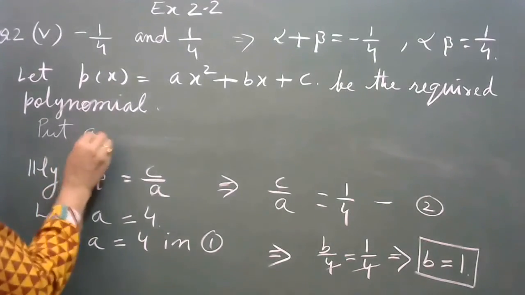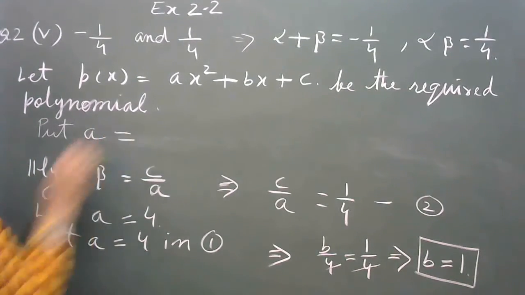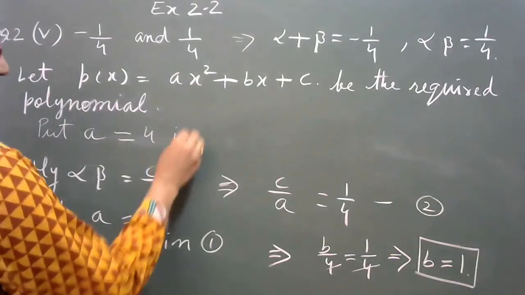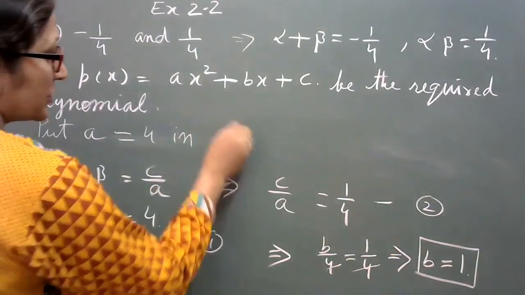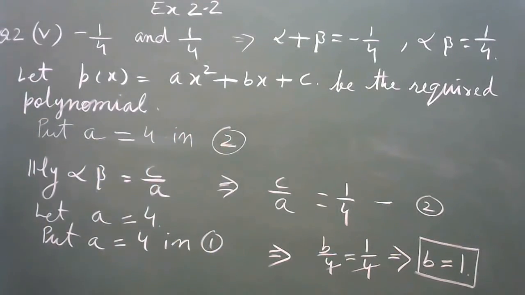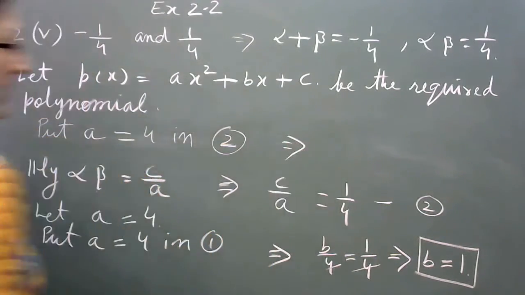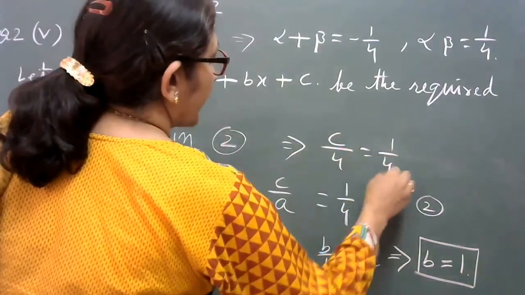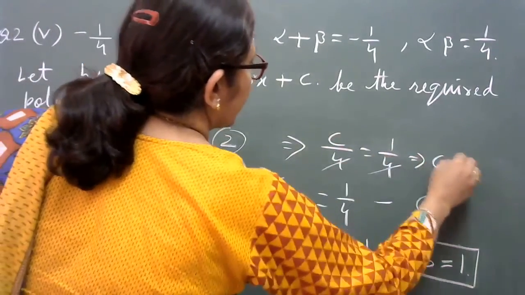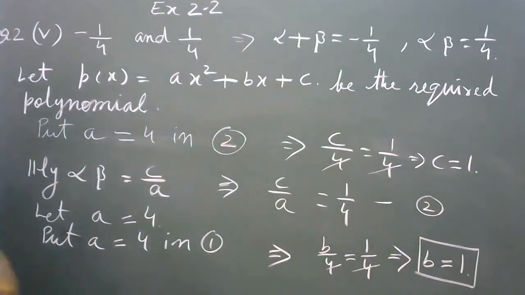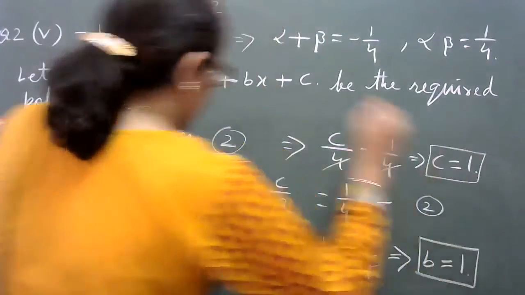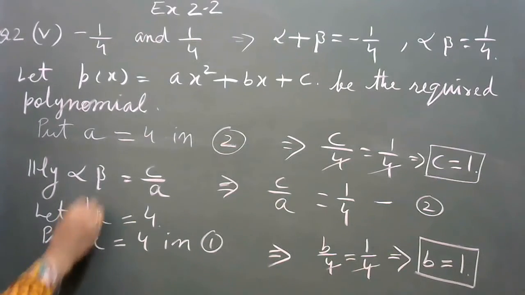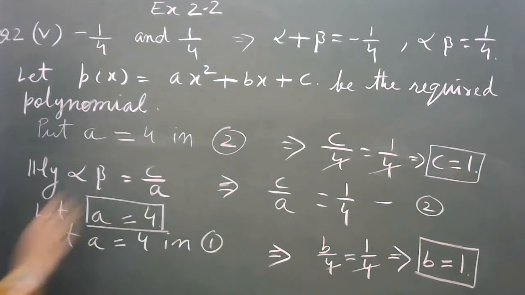Put a is equal to 4 in equation number 2. After substituting the value in equation number 2, it implies c over 4 is equal to 1 by 4, which implies c is equal to 1. So we have got the values of b and c, with a as 4.